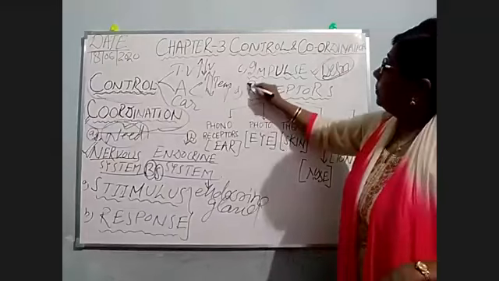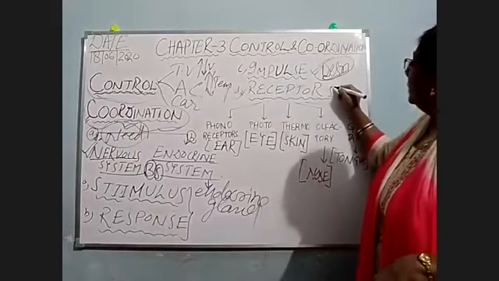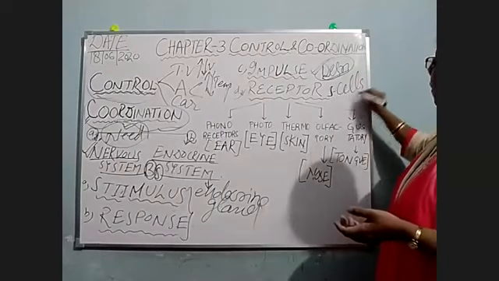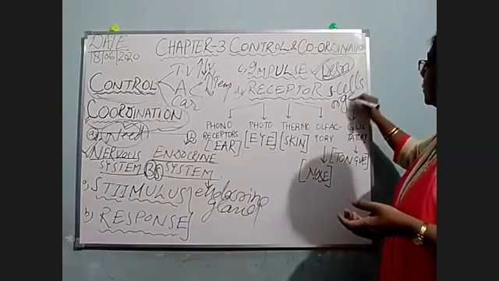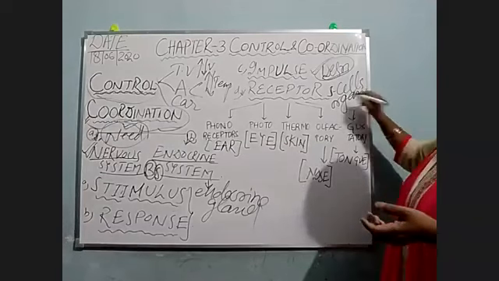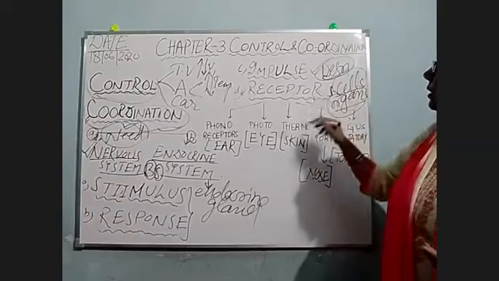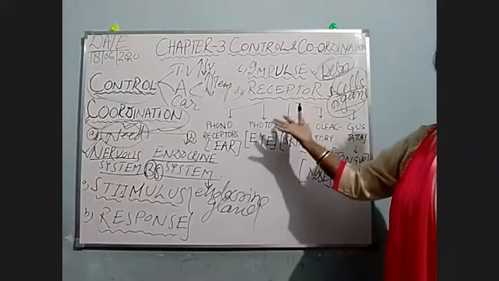Then the receptors. Receptors are those specific cells or organs which are going to respond to the stimulus. It may be a cell, tissue, or specific organ which responds towards the stimulus.